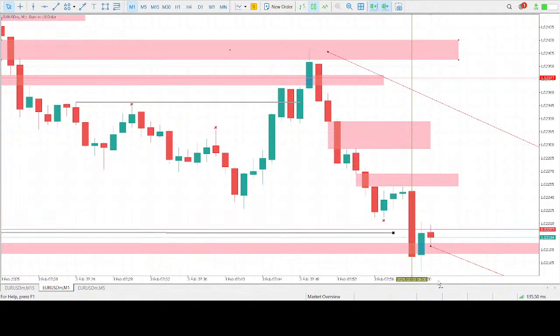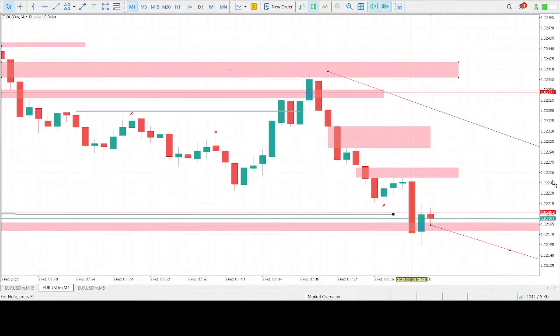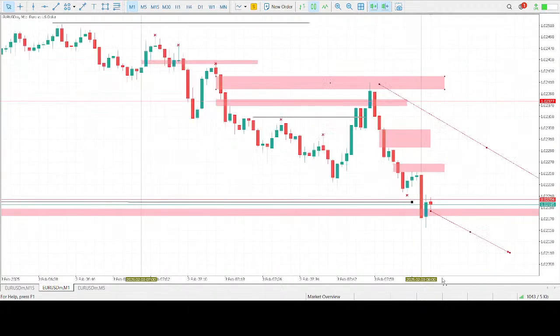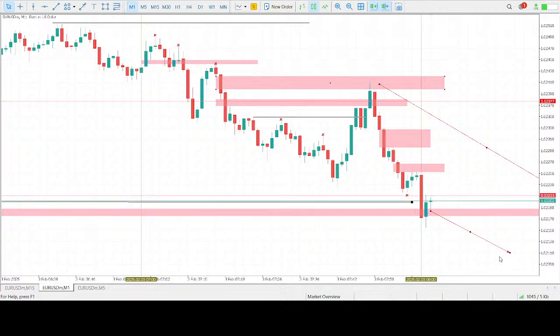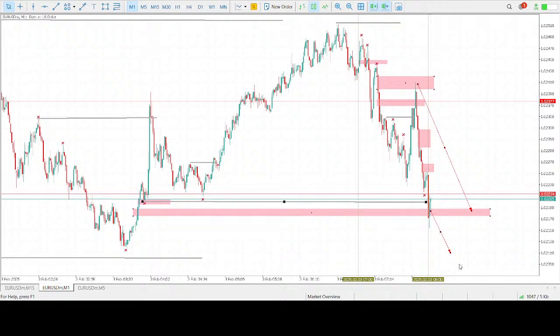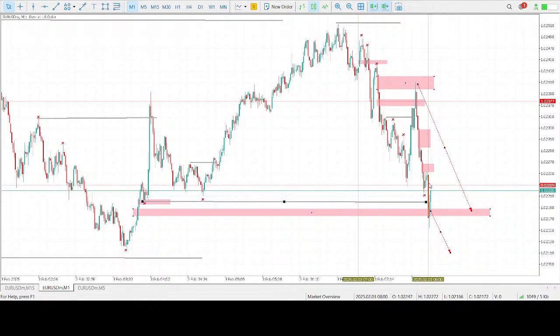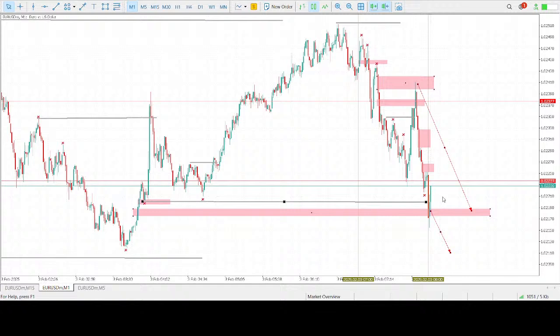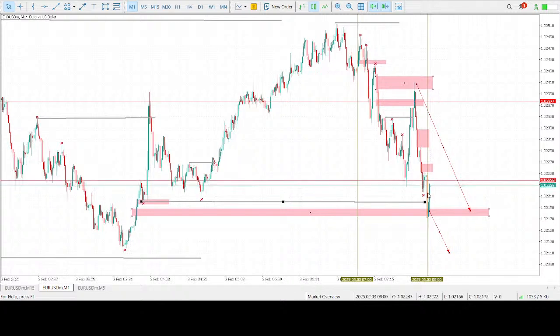Still intend to look for a reaction off of that to have price move a bit lower. We could potentially have a reversal there.